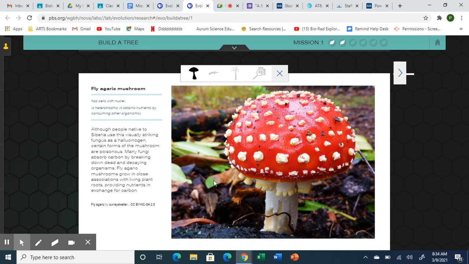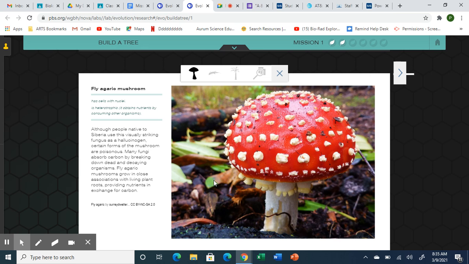It has cells with nuclei. It's heterotrophic. Hetero means multi, remember? It obtains nutrients by eating other organisms. Although people native to Siberia use this visually striking fungus, now remember all mushrooms are fungus, as a hallucinogen.